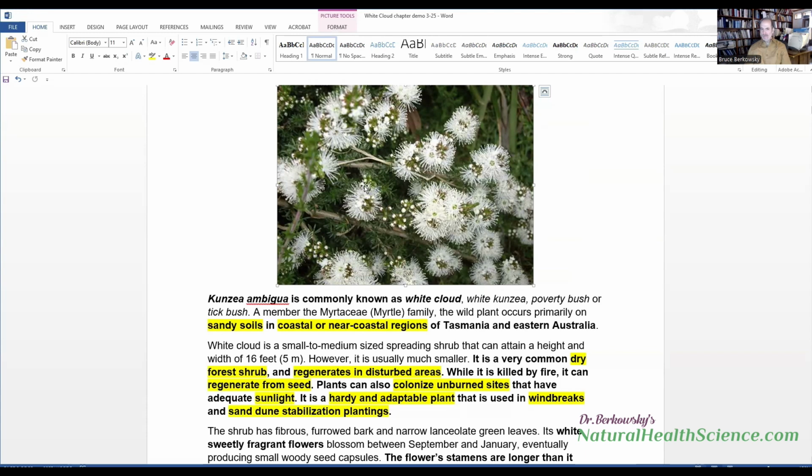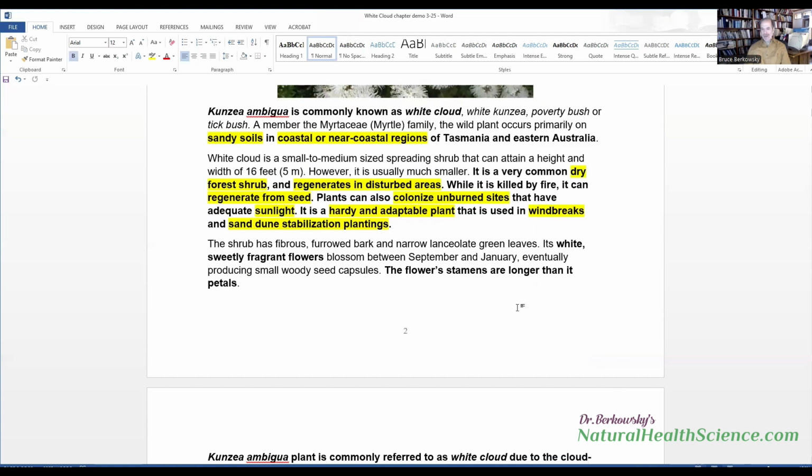from the stamens. So the center of the flower will have something called a pistil, P-I-S-T-I-L, which is the female part. And then you have the stamens, which is the male part. And then there's this sexual reproductive type of activity that creates the seed. So in this case, the fact that the stamens are longer, as it says here, longer than its petals, tells you that there's a male quality, a dominant masculine, more male quality.